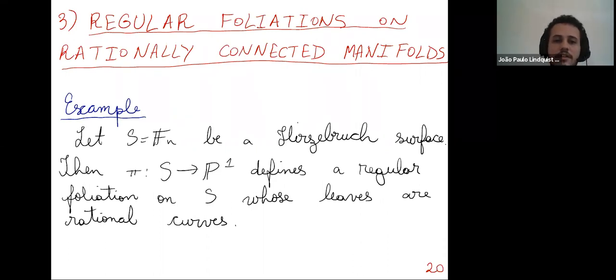Hirzebruch surface S. So this is a P1 bundle over P1. The fibration, the rational fibration defining S as a P1 bundle over P1, defines a regular foliation on S. So every fibration defines a foliation. You take the leaves as being the fibers of the fibration.